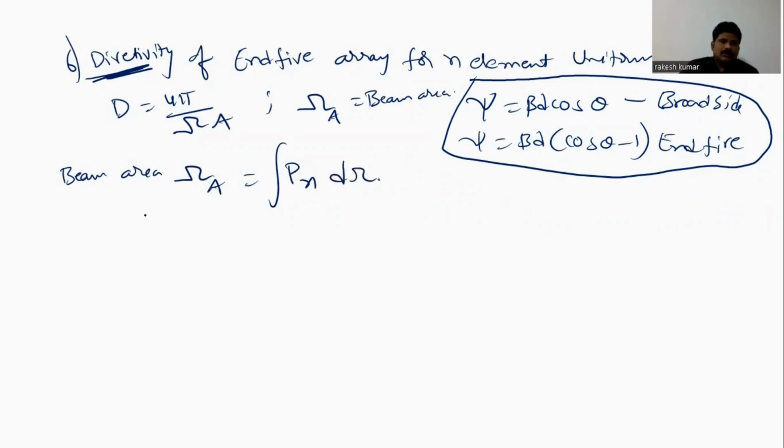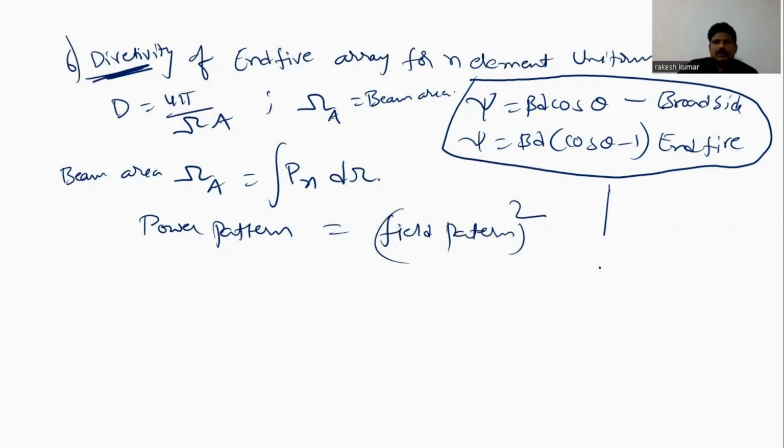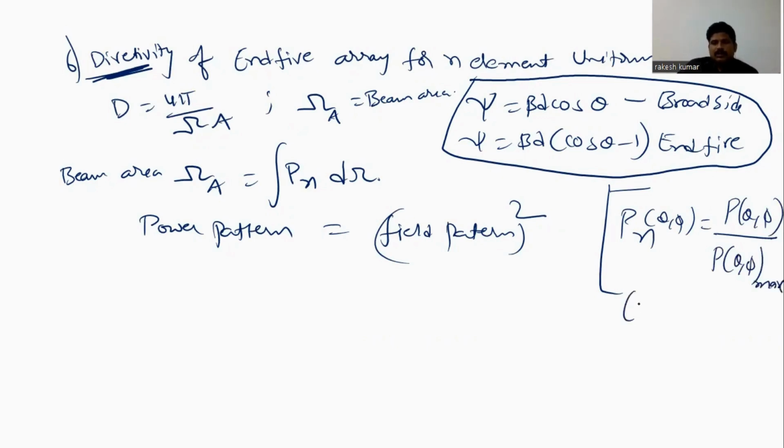Okay, so we know that power pattern is equal to field pattern whole square, and the formula for the normalized pattern n of theta comma phi is equal to P of theta comma phi by P of theta comma phi max, or what is the formula for n of theta comma phi?